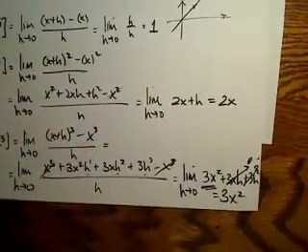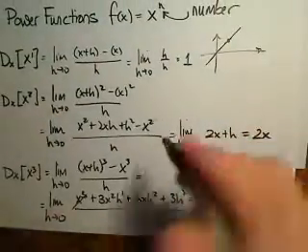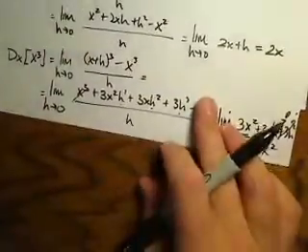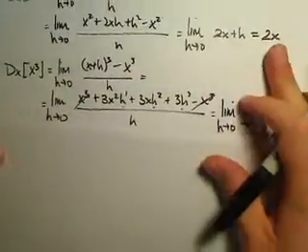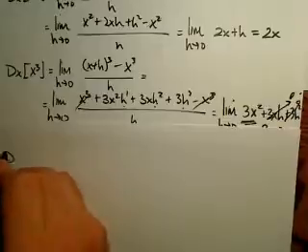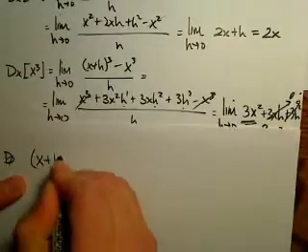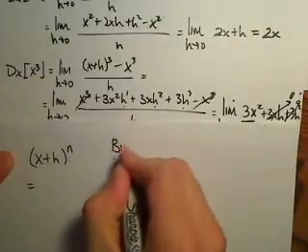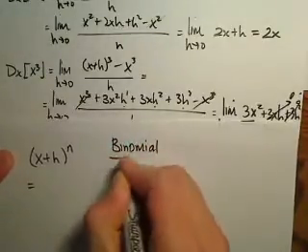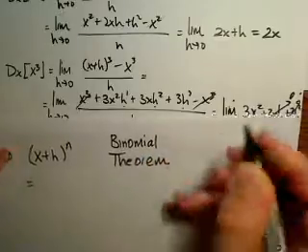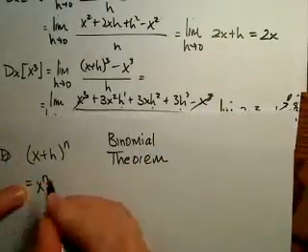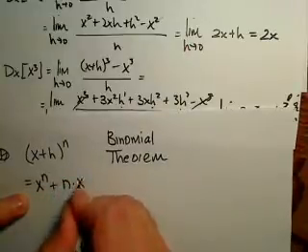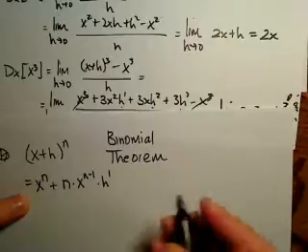And that will actually always happen for whole number powers. This mess gets messier and messier, but it always looks the same. And that's thanks to the binomial theorem, that if you've got x plus h to the n, when you expand that, you're always going to get this: x to the n plus n times x to the n minus 1 times h to the first.